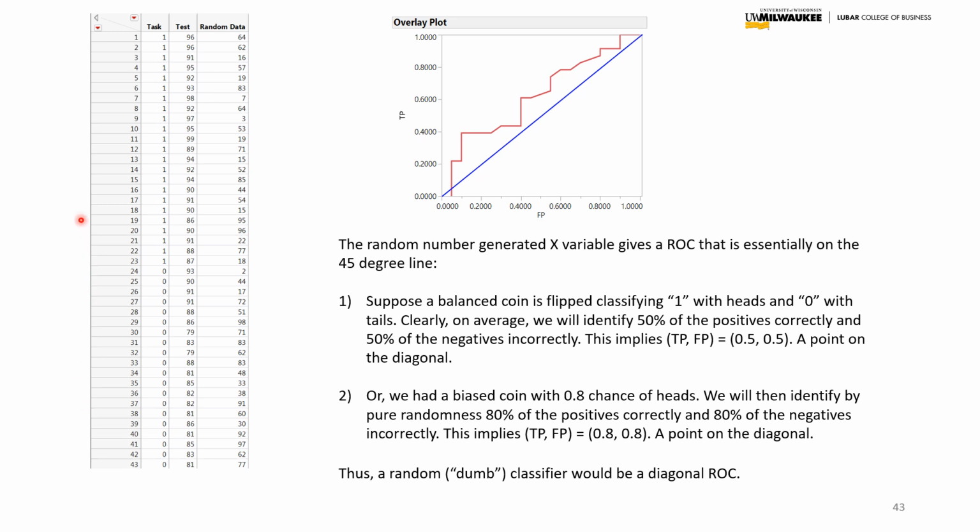And there's an 80% chance that the zeros will be classified as a 1, and thus the false positive rate would be 0.8, which again is a point right on the diagonal. Thus, in the end, a random or dumb classifier should give the diagonal ROC.